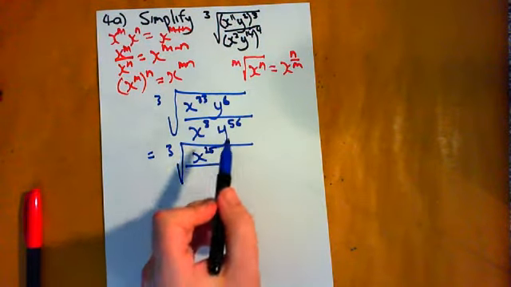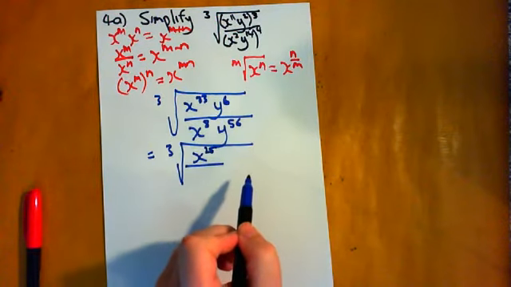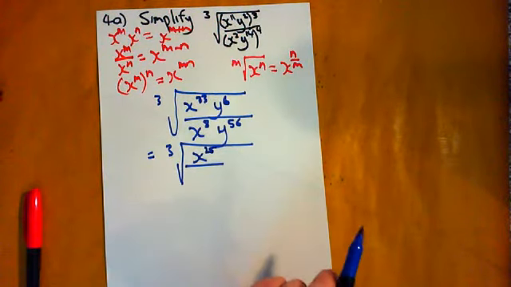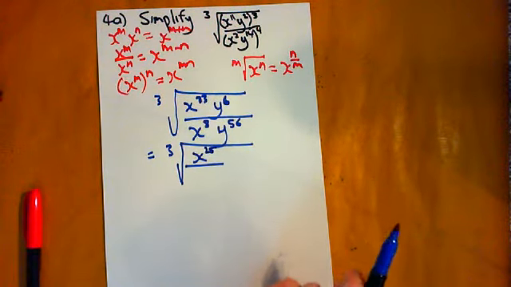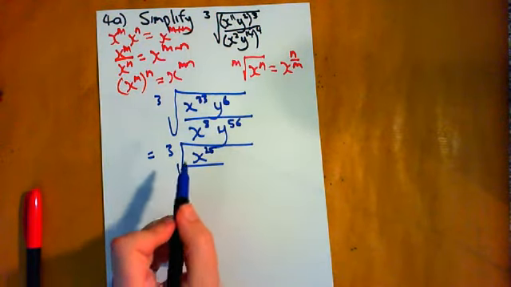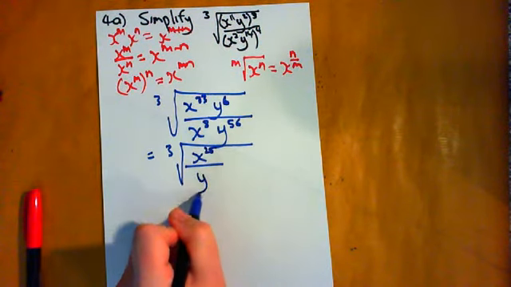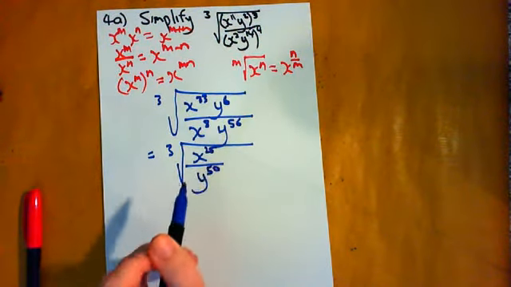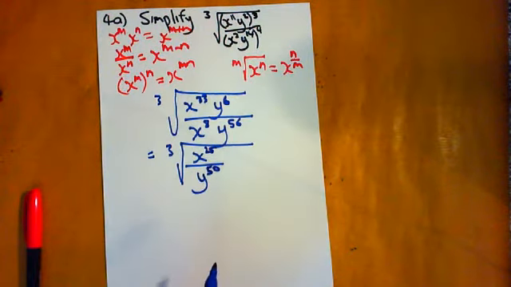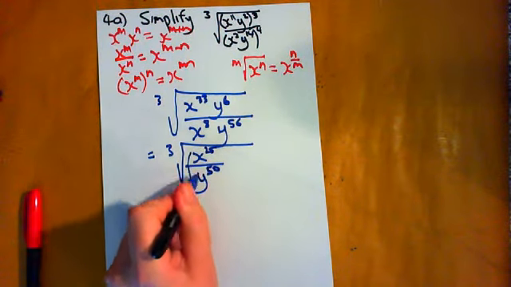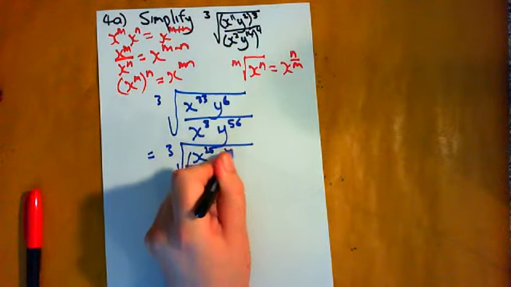Over, because y, where will it go? Well, the bigger power is on the bottom, so that will be 56 minus 6 is 50, y to the 50 on the bottom.